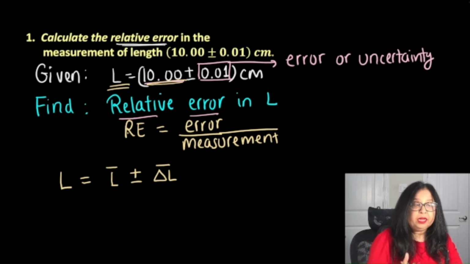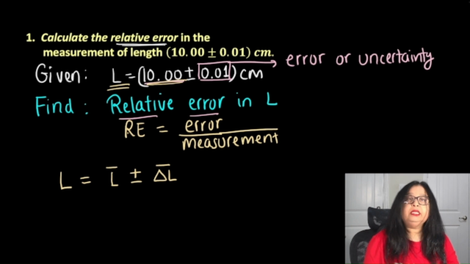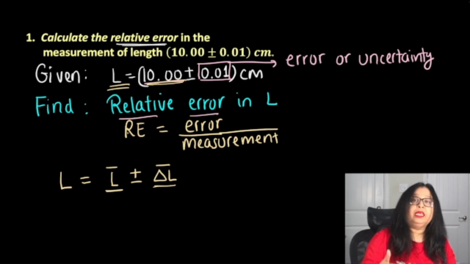In a typical experiment, you will make a measurement several times, and then you will take the average of those measurements. That average is L bar here. And likewise, you're going to find the mean absolute error, which is delta L bar.